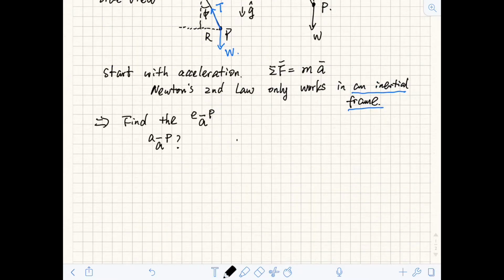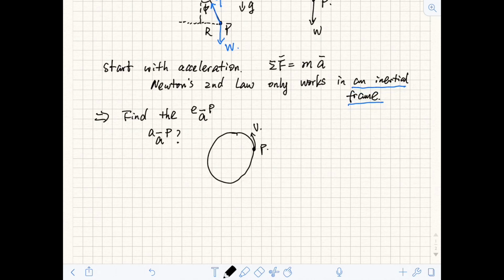If we were to look down into the motion of the particle, we see a circle, and we have the particle P on the circle moving at a velocity of v. And we know the radius is r. So at this point, we have converted the problem from a dynamics problem to a kinematics problem, where we just want to solve for the acceleration of the particle in the inertial frame.